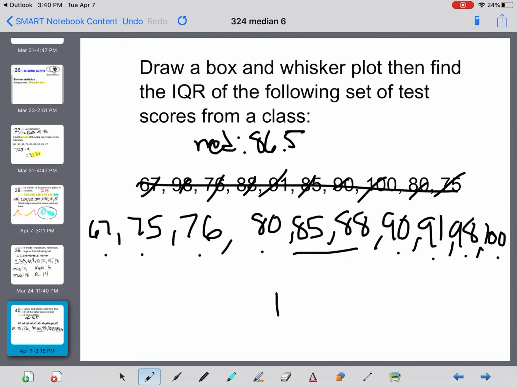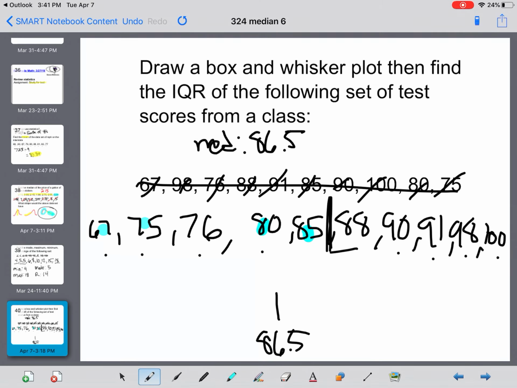Actually, why don't we do this? So we'll put our 86.5 in the middle. And so then, now we have a line separating these two. Oh, hold on. We have a bunch of mistakes now. No, that line is supposed to divide right there. So now what we need to do is cancel out right here.